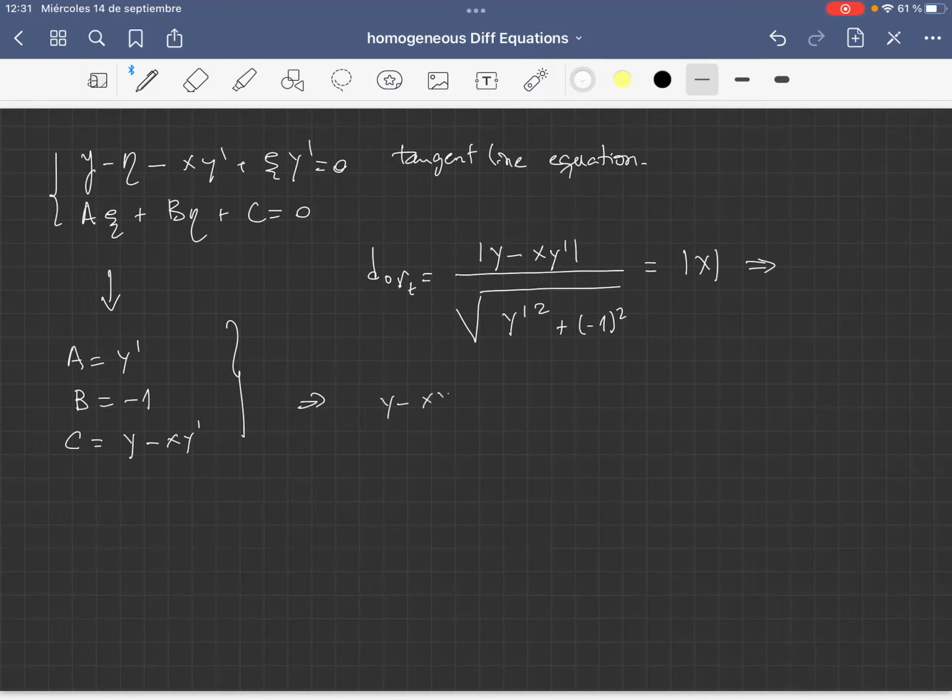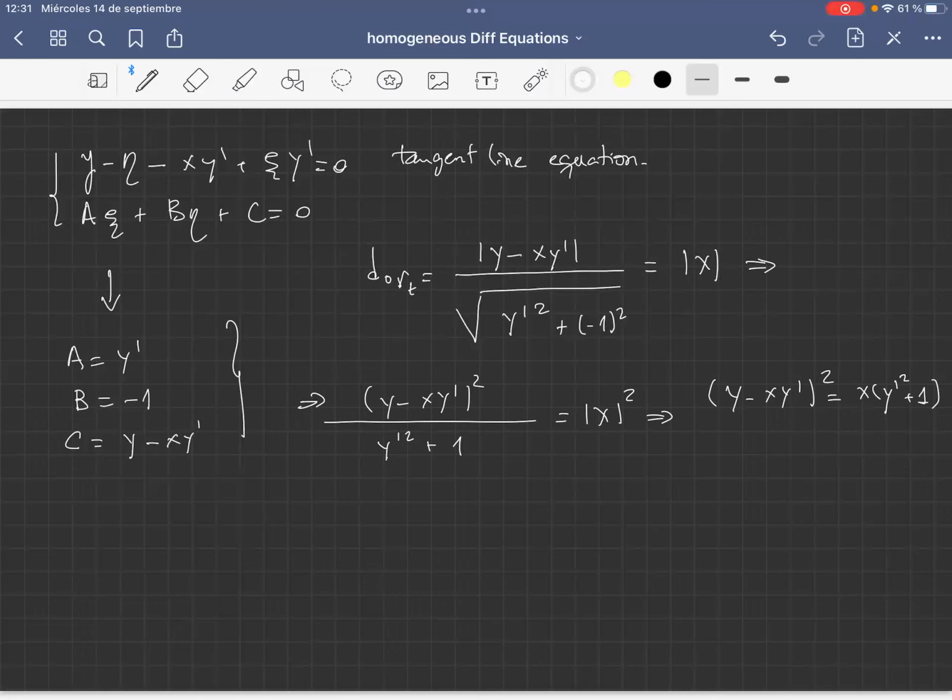So our equation is merely (y - x y prime) squared equals x squared times (y prime squared plus 1). Now let me play a little with the equation to get an easier form.